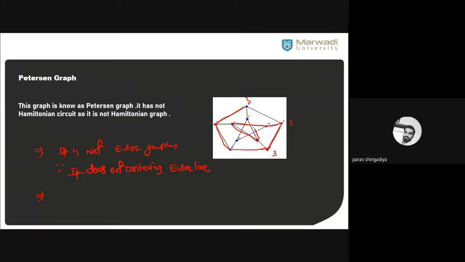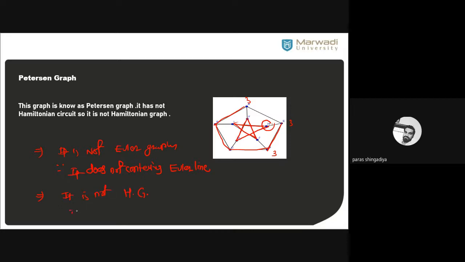I to J, J to F, F to this vertex G, okay, F to G, and from G you will reach back to H again. And from H we cannot use this vertex again. Okay, H is repeated now, and therefore it is not possible. Okay, so same conclusion. It is not a Hamiltonian graph.